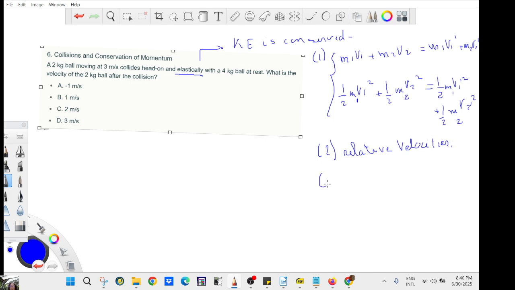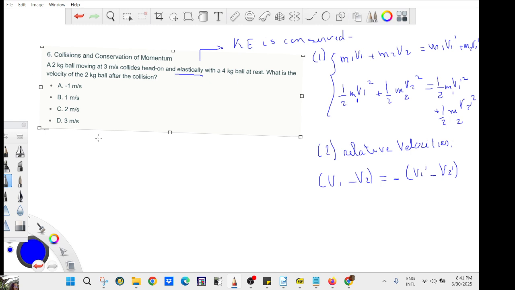So v1 minus v2, the relative velocity before, should equal minus (v1 prime minus v2 prime). So the relative velocities stay the same in magnitude.